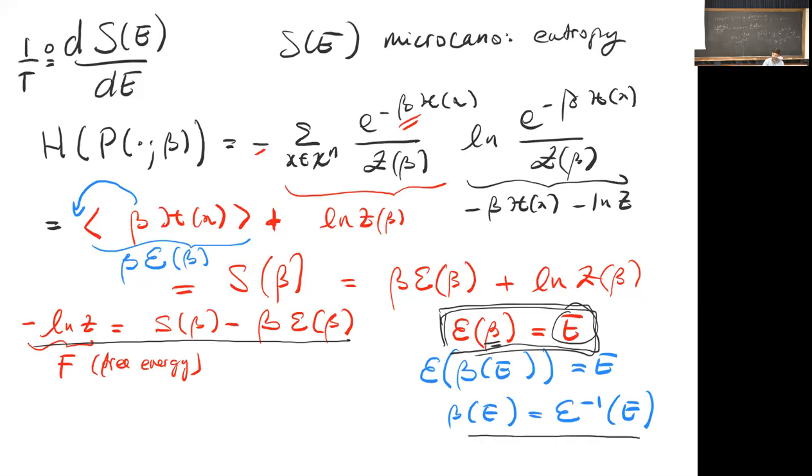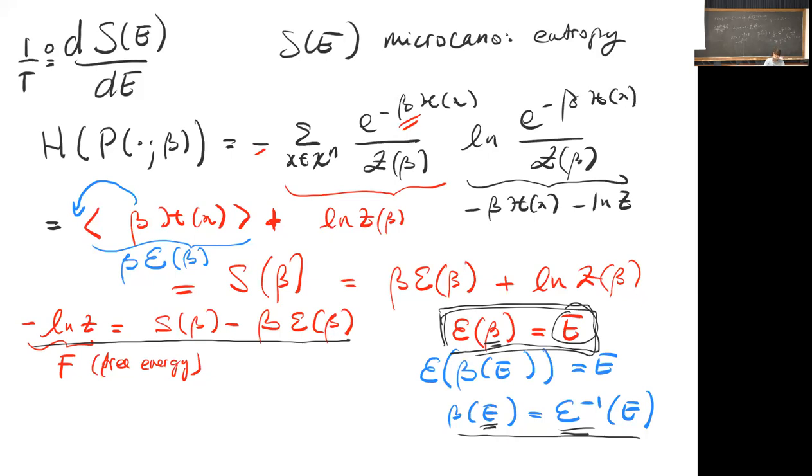And this beta is given by this relation. That may be impossible to compute practically, but you can invert this function, and this tells you, if you fix an E instead of a beta, which beta corresponds. Okay, just switching the variable from beta to the internal energy.